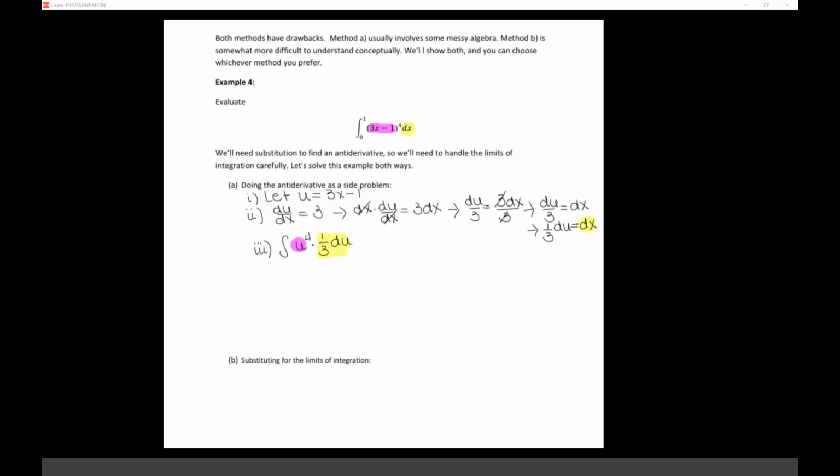I might just pull that 1/3 through, and I have u to the 4th du. That's the substitution step. Now I have the integrate step. Actually do the integration. I'm going to use the power rule.